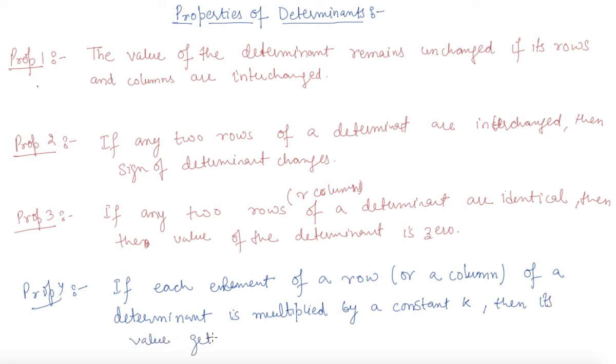Okay, students. So what this property is saying is that if each element of a row or a column is multiplied by a constant k, then the value of the determinant gets multiplied by k. Now let's move to property number 5.